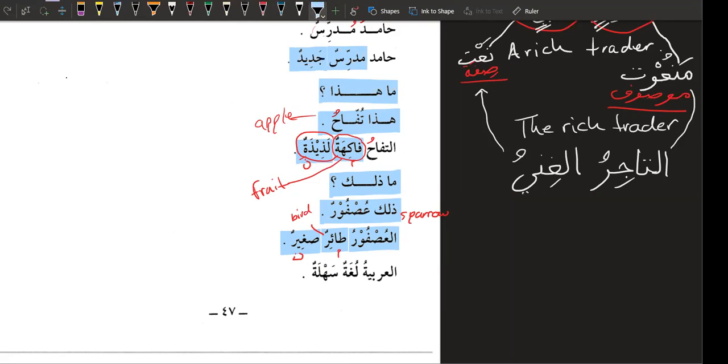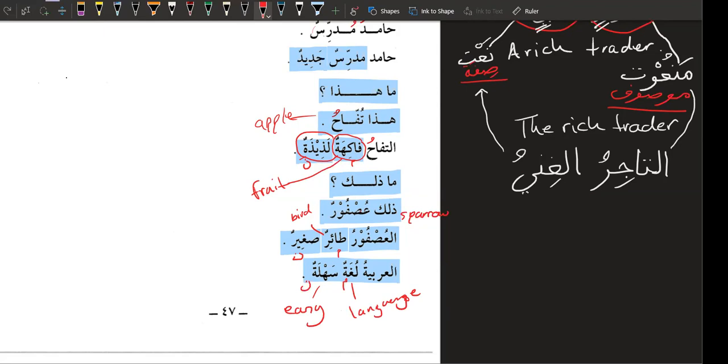And we have العربية لغة سهلة. العربية, Arabic, is a لغة, language. سهلة is easy. So لغة منعوت, سهلة نعت. The thing that we're describing, منعوت, and سهلة is the description.